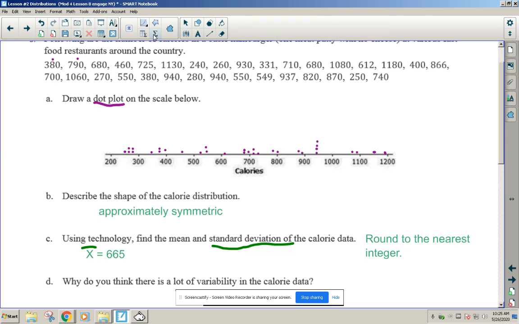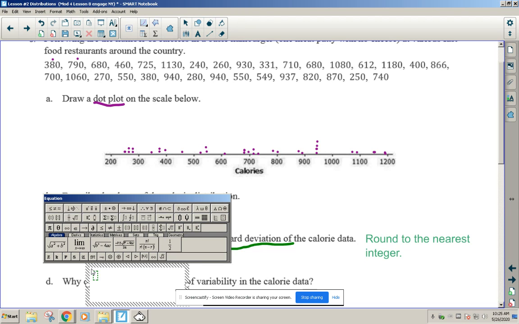All right, so I got to do this. And where is the symbol for standard deviation? Here it is. So the standard deviation is equal to 279.